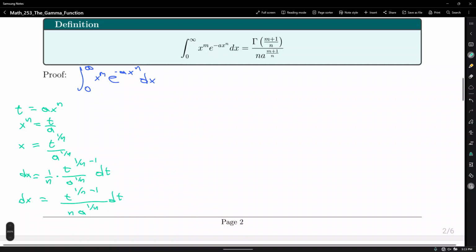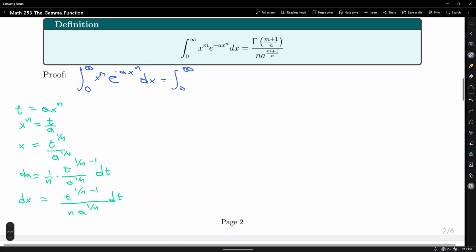So let's go back to the integral here. Again, the limits of integration will be the same, 0 to infinity. For x equals 0, 0 to the n is 0 times a, that's still a lower limit of 0. Upper limit, infinity to the n is still infinity, infinity times a, that's still positive infinity.